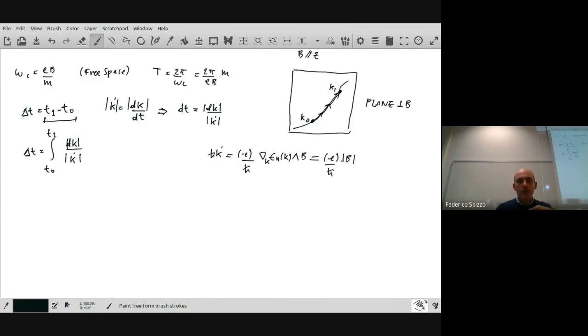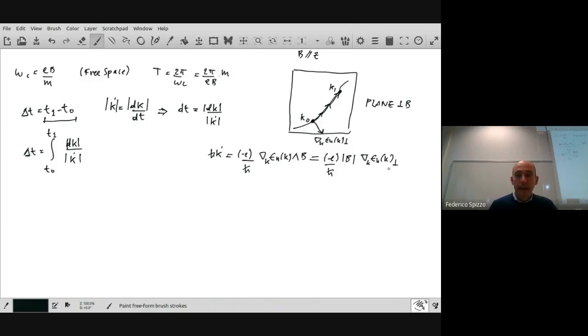So here, instead of writing the modulus of the gradient times the sine of the angle, I just write the component of the gradient orthogonal to B. That means only the component of the gradient orthogonal to B. So this component can be plotted in this plane because that is on that plane. So the perpendicular component is exactly in that plane.